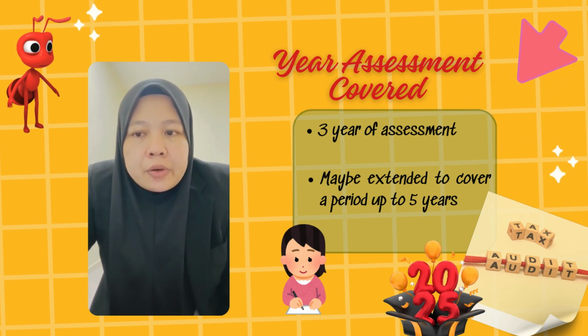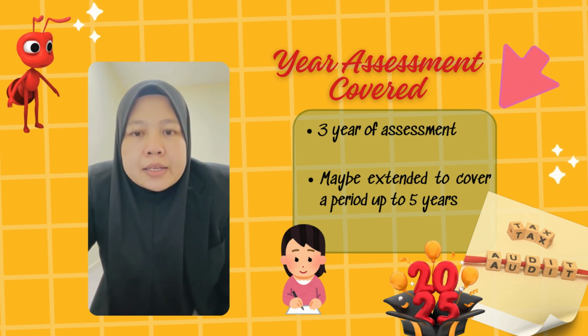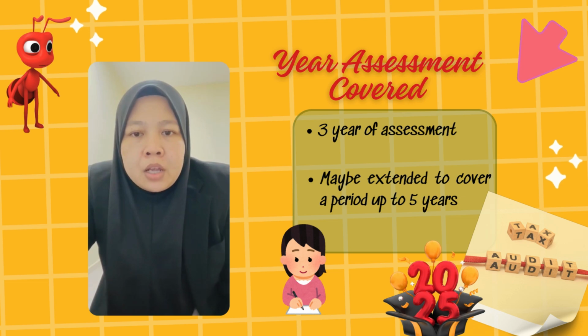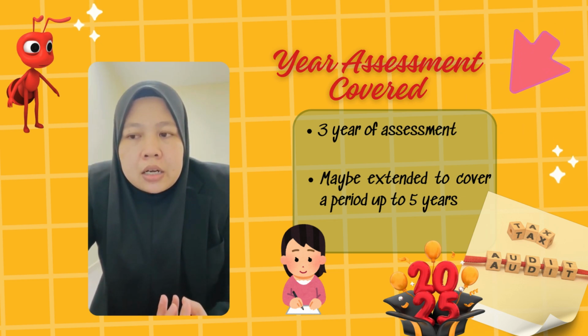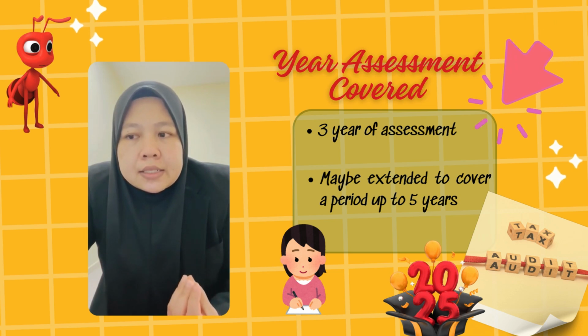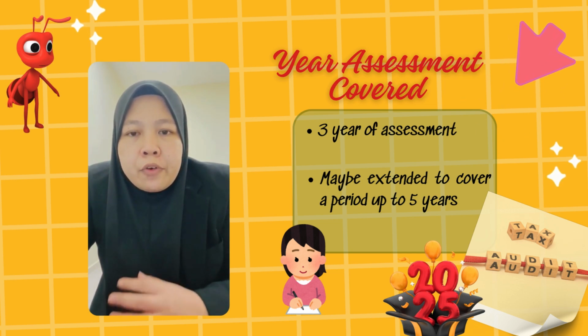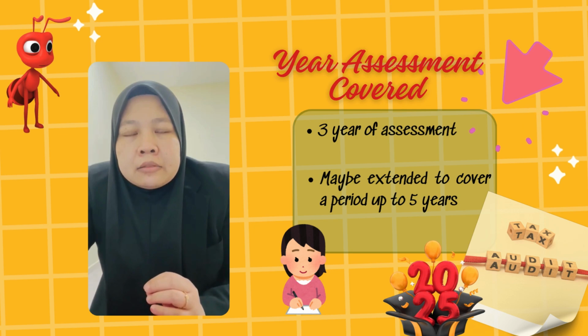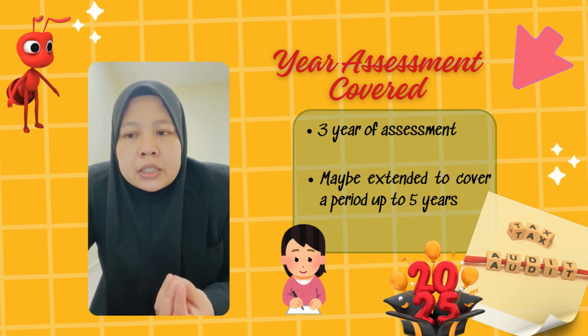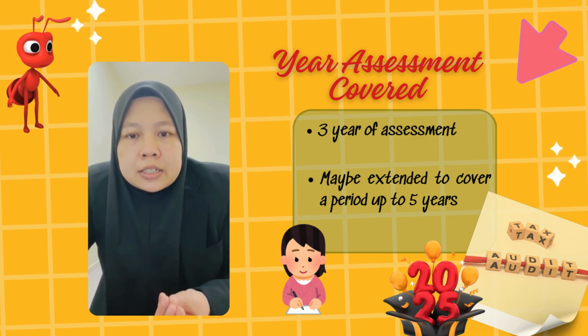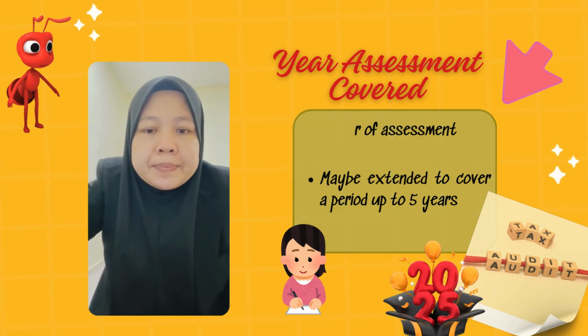However, the tax audit may be extended to cover a period of up to 5 years of assessment, pursuant to the issues uncovered during an audit. Further, this 5 years time limit is not applicable to cases involving fraud and tax evasion, whether intentional or unintentional.